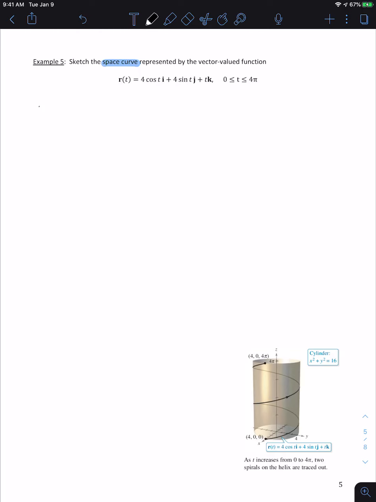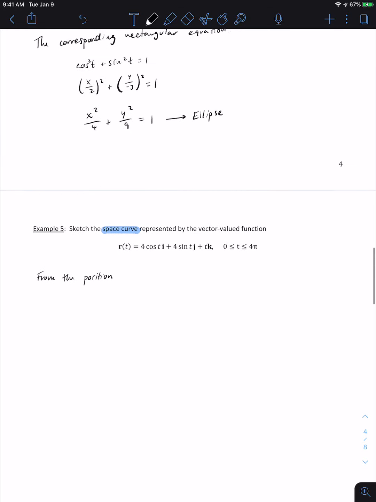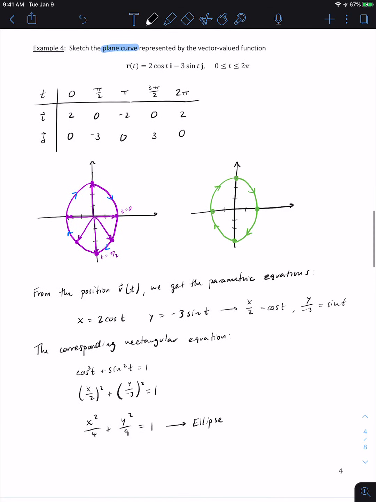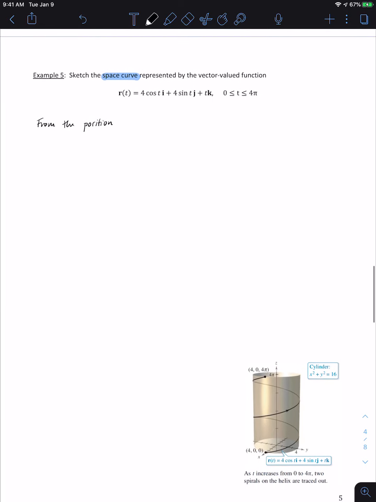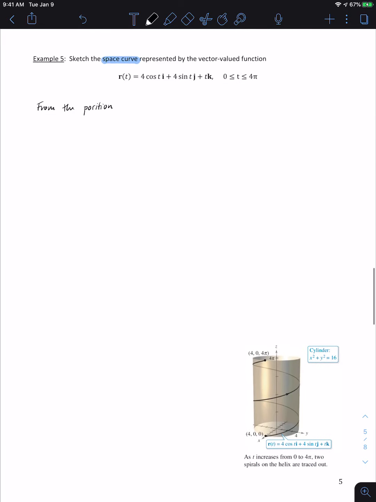Okay, so from the position vector, this time we're going to do some analysis first before we just try to graph it. Because in the first example, we just went ahead and graphed it with t and i, j values. Now it's going to be a little bit more complicated in 3 dimensions, so we're going to do some analysis first.